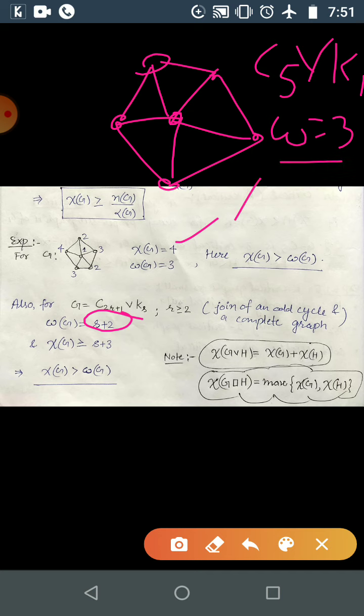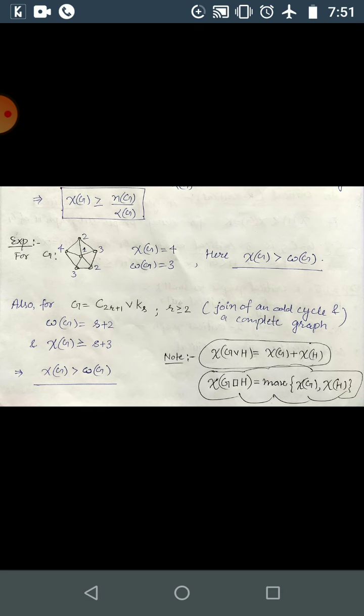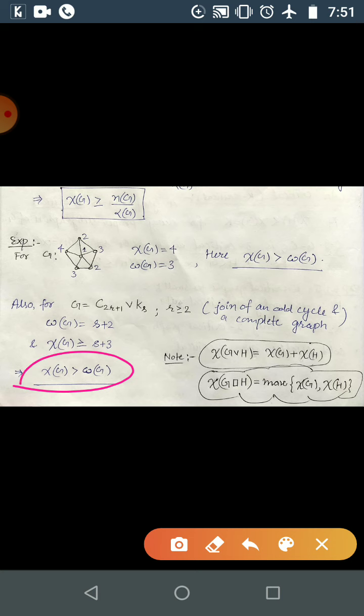And what about chi of G, the chromatic number of that graph? It will be at least s plus 3, and here we are just getting s plus 3, that is 4. So s plus 3 is strictly greater than s plus 2, and that's why in this case we have a strict inequality, that is, the chromatic number is strictly greater than the clique number.